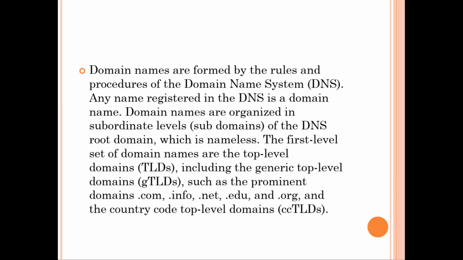There are some procedures and rules, namely called the Domain Name System, DNS, and any name registered in the DNS is a domain name. A domain name can have subordinate levels like subdomains.